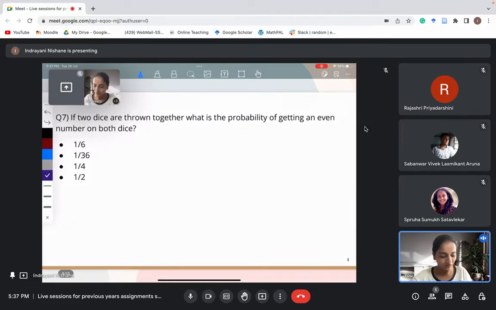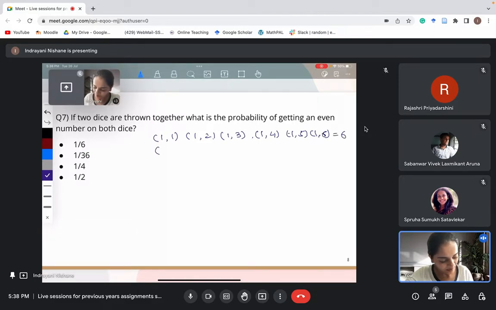Yeah. So moving on to the next question. If 2 dice are thrown together, what is the probability of getting an even number on both the dice? So again, like previously we had noted down all the sample spaces, in the same way we will write down the sample spaces quickly. 1, 4, 1, 5 and 1, 6. So these are 6. Then again 2, 1 and so on till 2, 6.